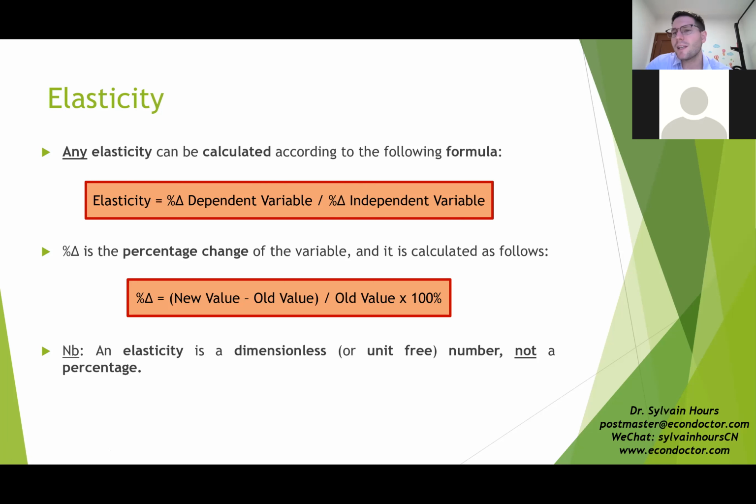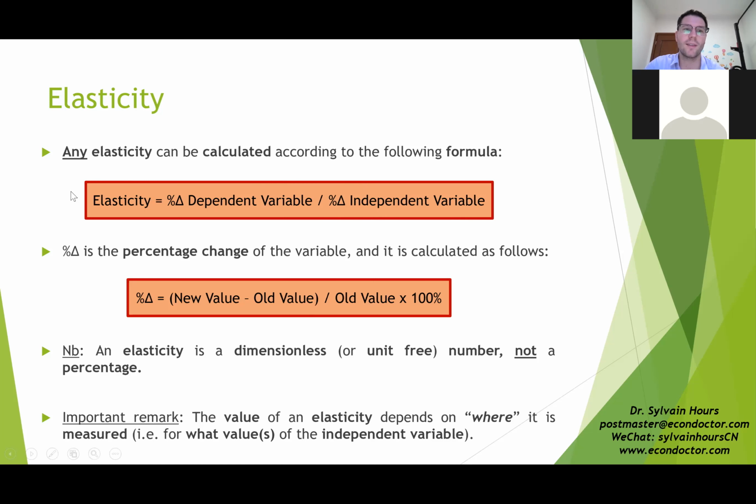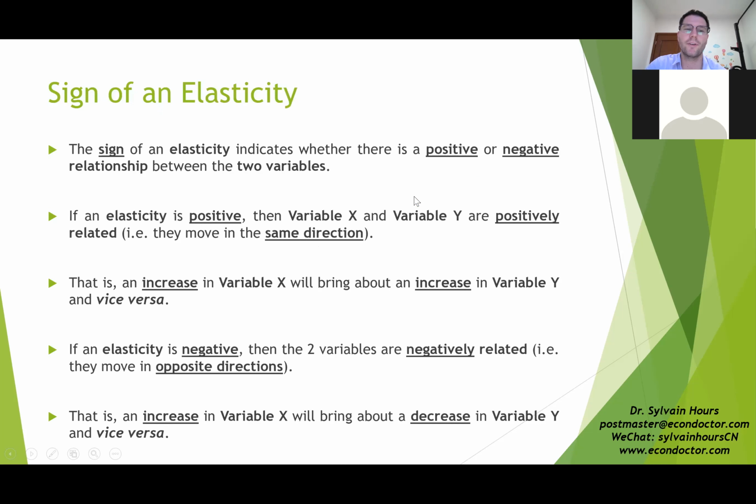So it is not very sensitive, not very responsive to changes in the independent variable. This means that the relationship is relatively weak, and we say that the dependent variable is relatively inelastic with respect to the independent variable.